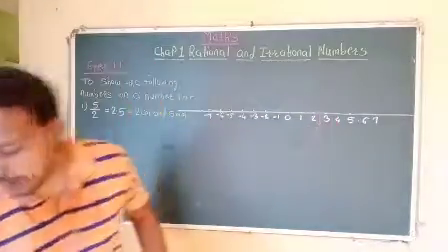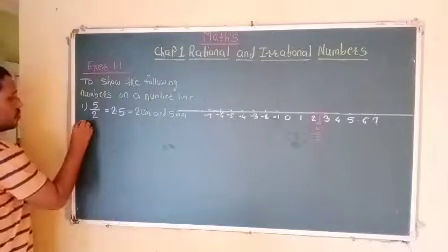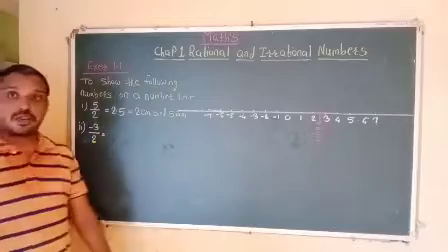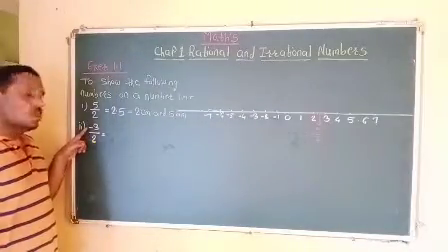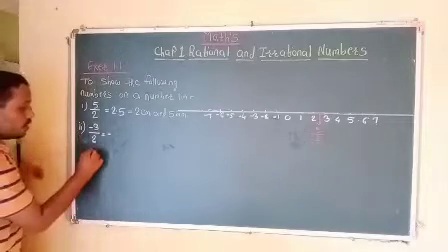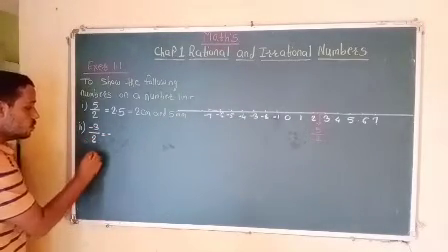Let's take one more example. -3/2. The 3 is a minus, so the answer can also be shown as minus. Then the 3 gets divided by the 2.